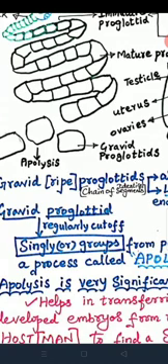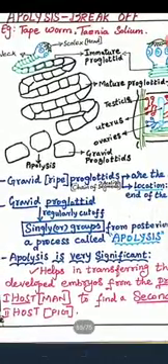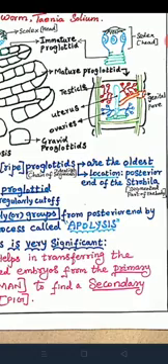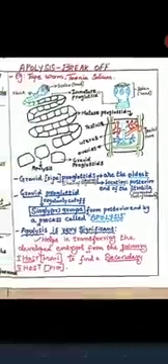Biologically, the word gravid means pregnant. The pregnant segment has eggs ready to grow in the next stage. The gravid proglottid, or oldest proglottid, is located at the posterior end of the strobila. Strobila means the segmented part of the body.